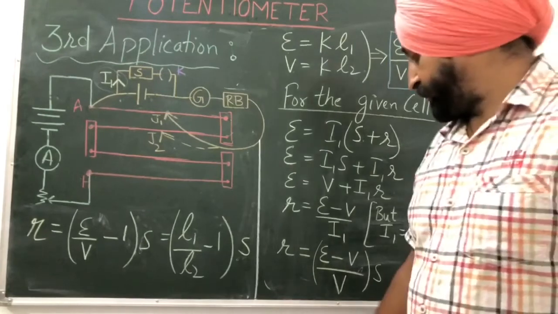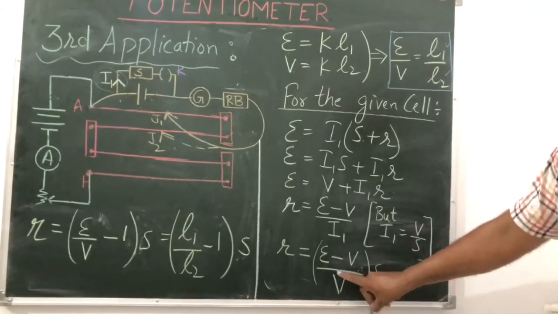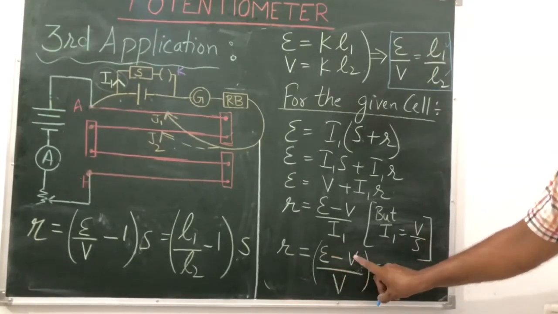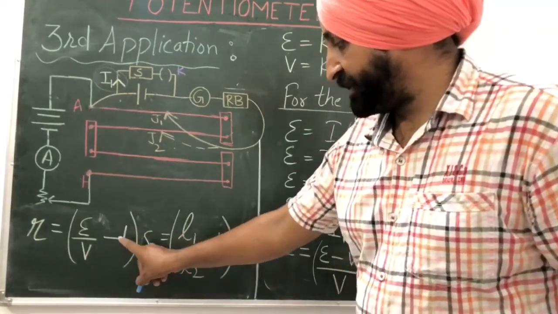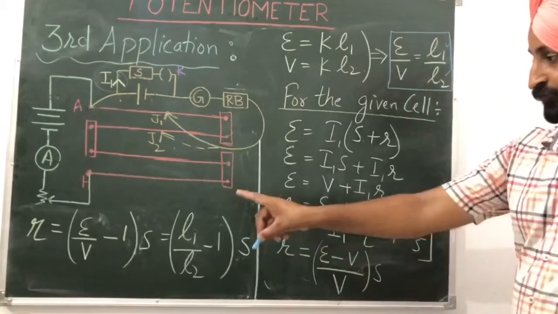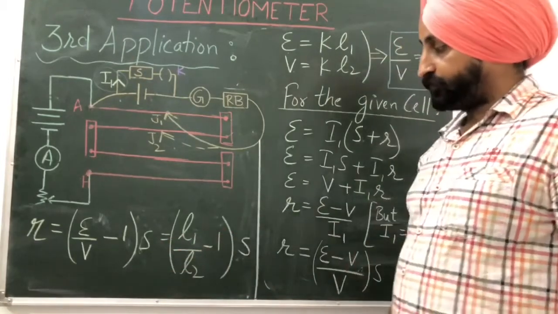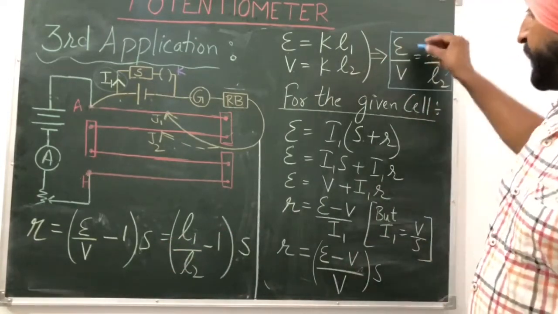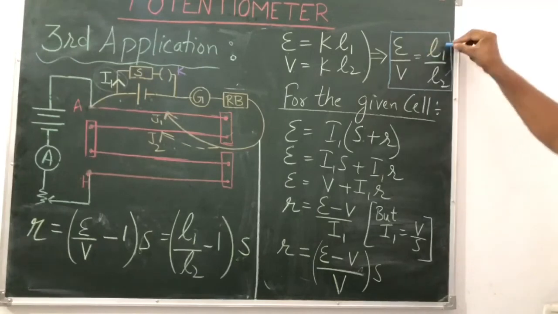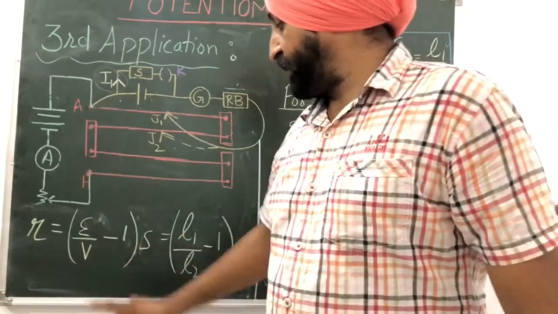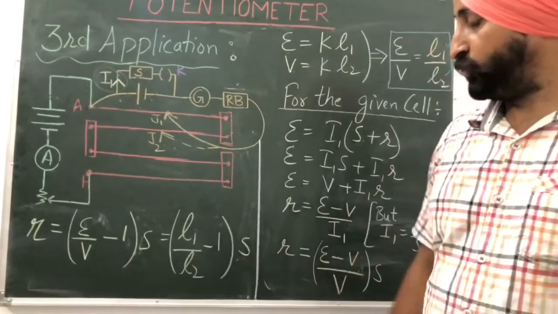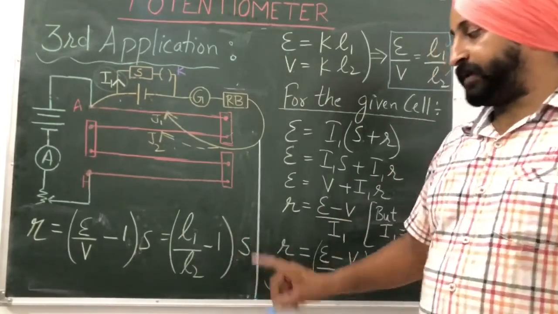So from here we can divide by this V, and we will be getting E by V minus 1, into S. But we know the ratio of E and V is equal to L1 by L2. So in place of E by V, we can write L1 by L2 minus 1, multiplied by S.